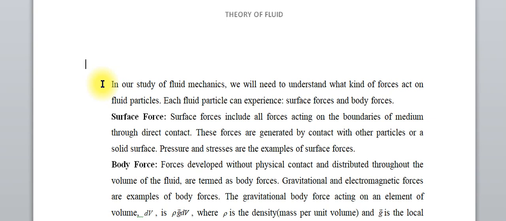So we will try to cover these topics in today's lecture.